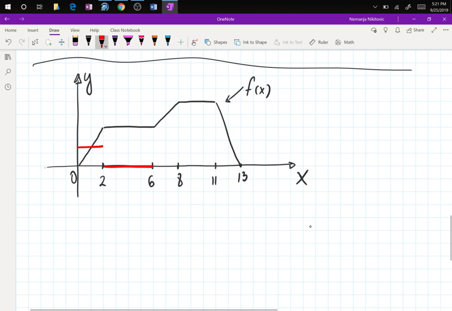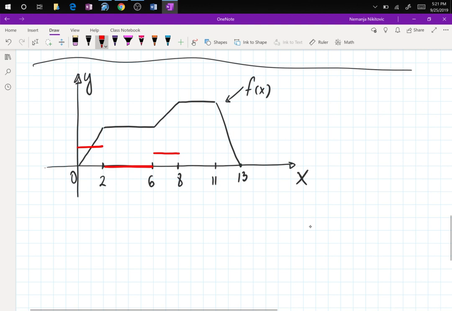What is happening from 6 to 8? It's increasing at what rate? 1. Because we are going at the 45-degree line. You go 2 squares up and 2 squares over. 2 divided by 2 is 1. So we go on the elevation 1, and we have a constant change of 1, right?